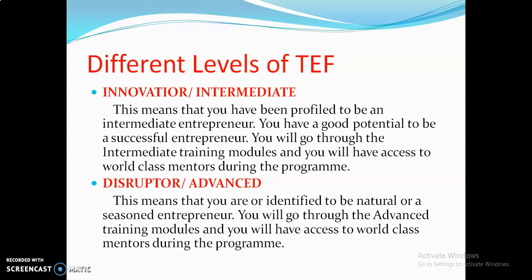The disruptor is like the guy at the top of the food chain. It means that you understand business so well, that you're doing so well for yourself in business, and you understand basic arithmetic. Your personality is superb for business, and of course you are eligible to go for a training, and you are eligible to submit your business plan depending on your engagement and your activeness on the training.